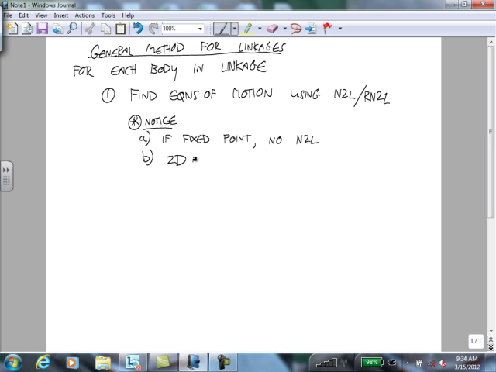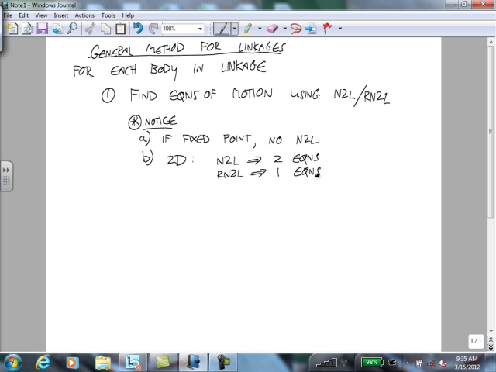Newton's second law gives 2 equations. Rotational Newton's second law gives 1 useful equation. The other ones are just 0 equals 0. So you get 3.